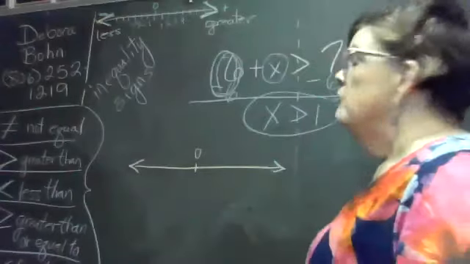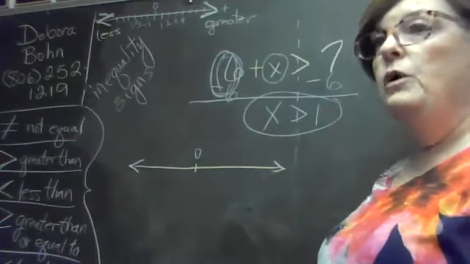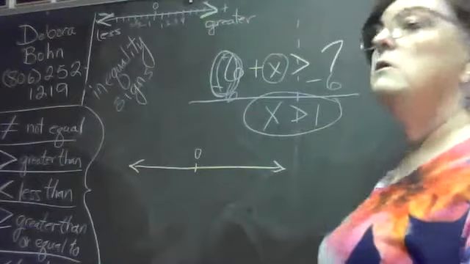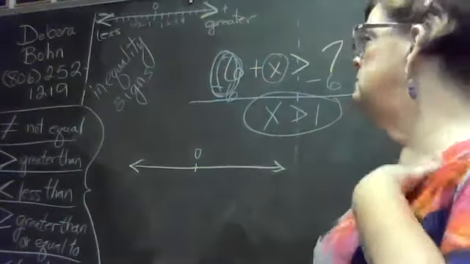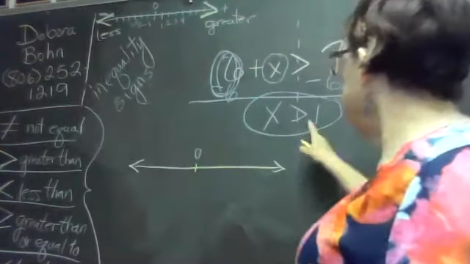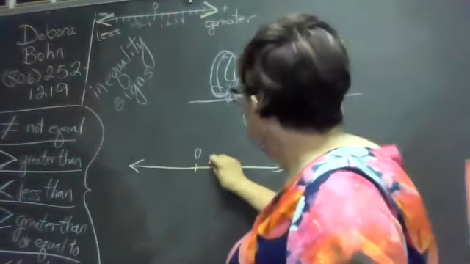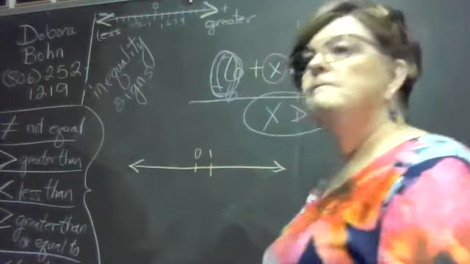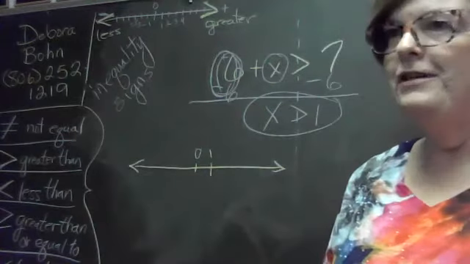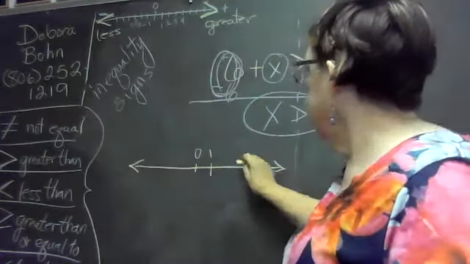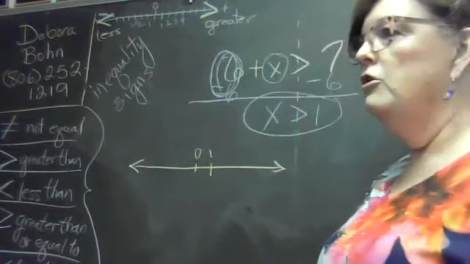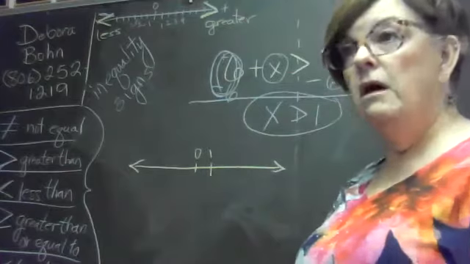Then the only one that I write right now on this line is the important number. I call it the important number because that's our answer. So I find out where positive 1 is on this number line. Positive 1 is right here. Now, if you are very OCD and you need to say 2, 3, 4, 5, negative 1, negative 2, I don't care. It just takes longer and I don't think it's necessary right now.